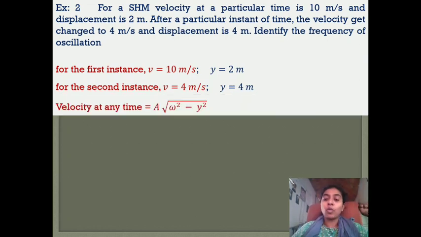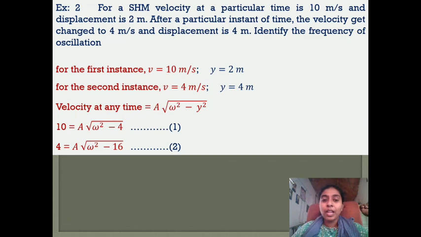Now we know the velocity at any time is equal to a into root of omega square minus y square. So we substitute these two instants in the equation of velocity. For the first instant, velocity is 10 meter per second.